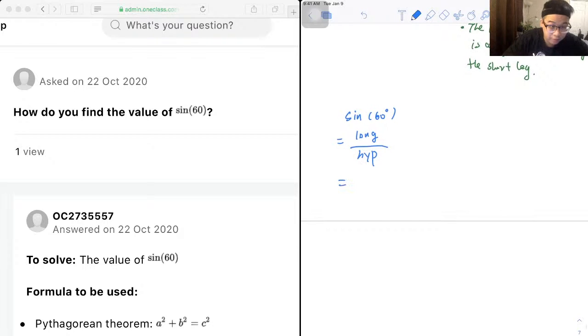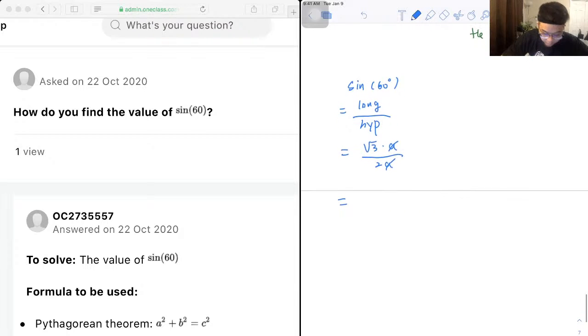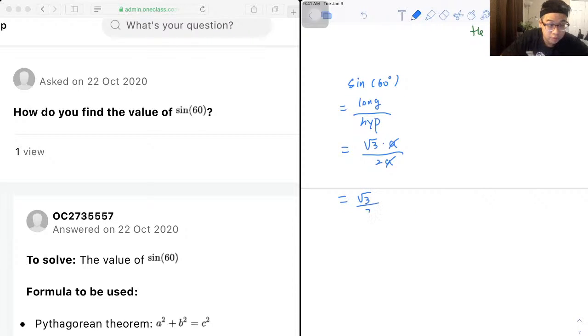So we will have root 3a over 2a. So we can just get rid of a. We will have root 3 over 2 left.